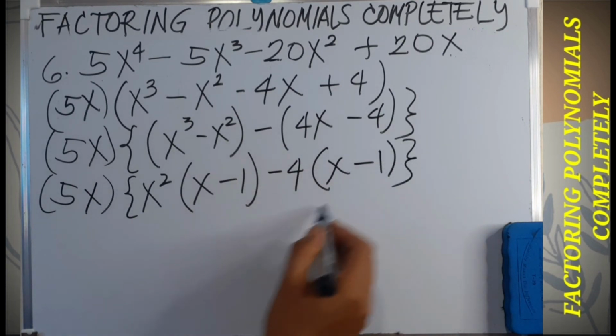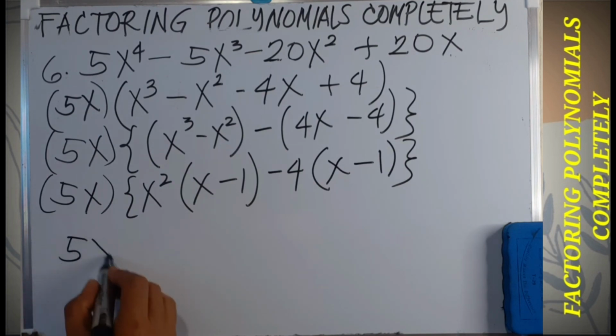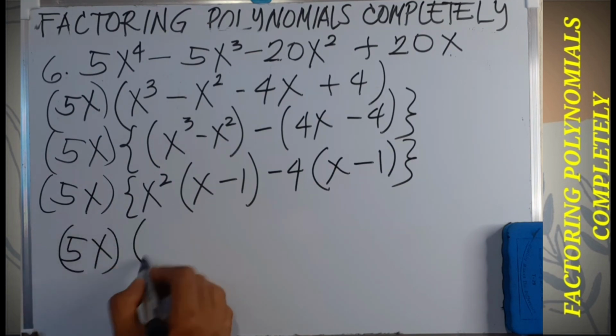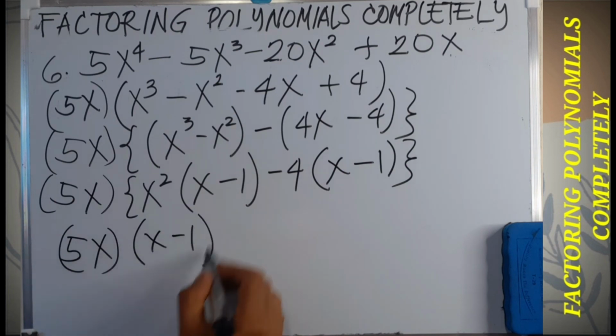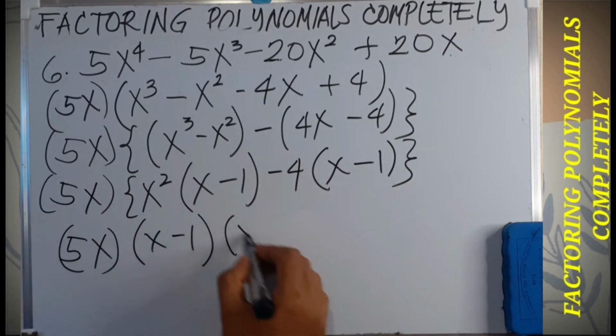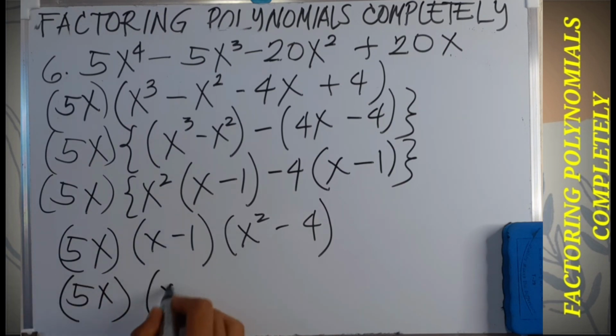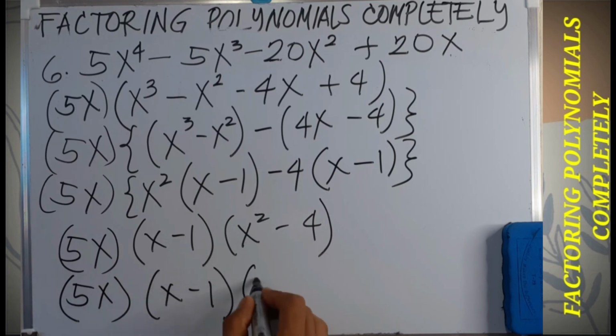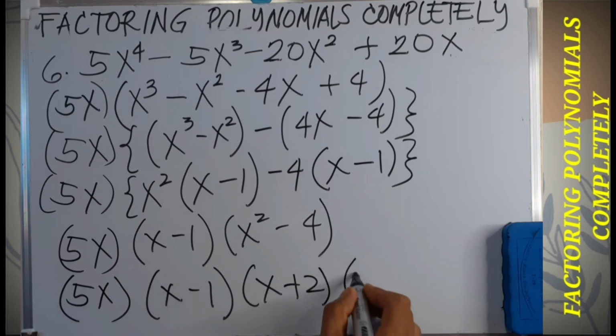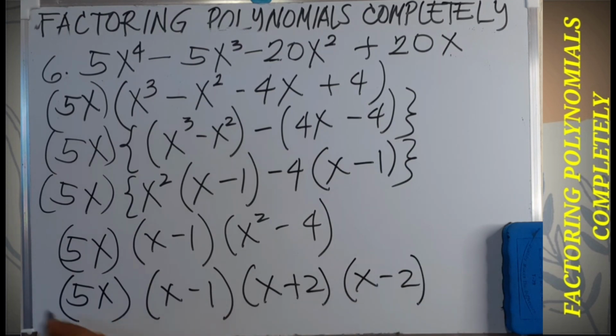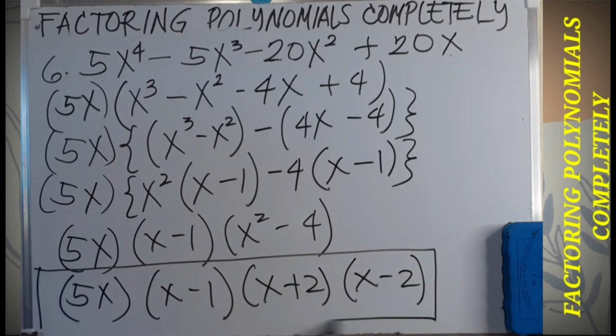Again, we notice that x minus 1 is common, so we have 5x times x minus 1. If we remove x minus 1 here, remain is x squared minus 4. Again, x squared minus 4 is factorable by difference of two squares, so copy 5x. Copy x minus 1, difference of two squares, x plus 2 and x minus 2. If you will notice, we have a different method, but we have the same answer.